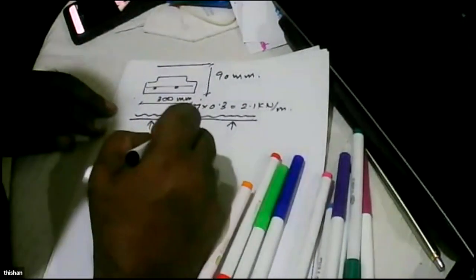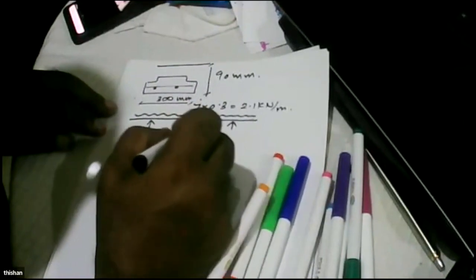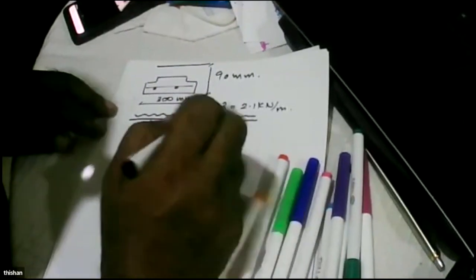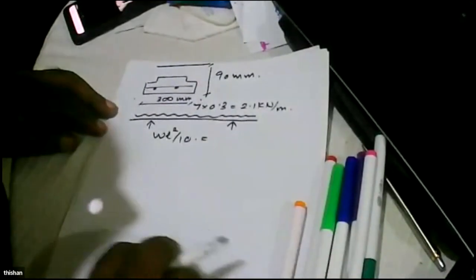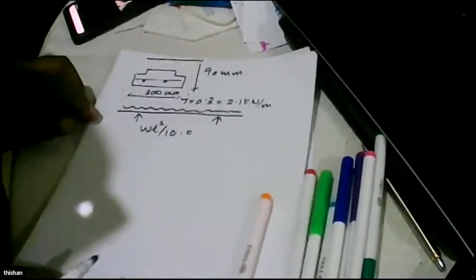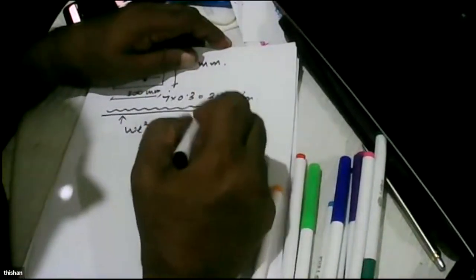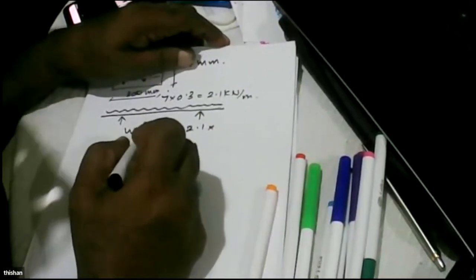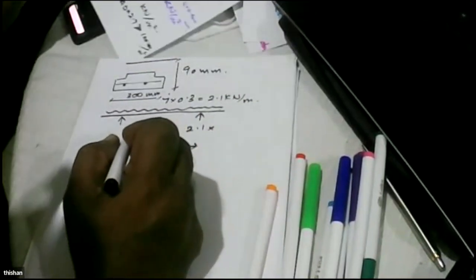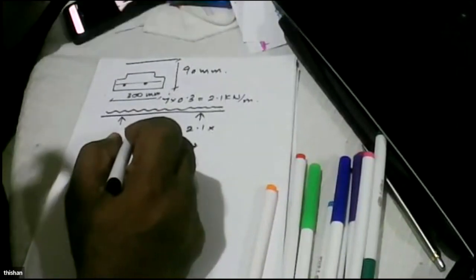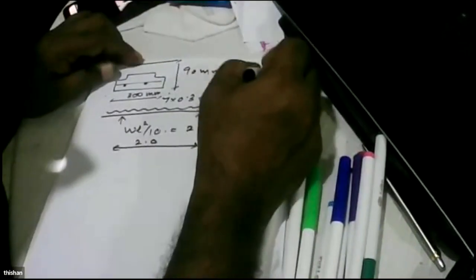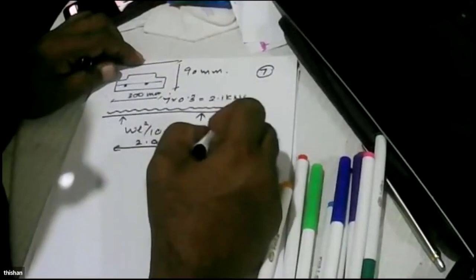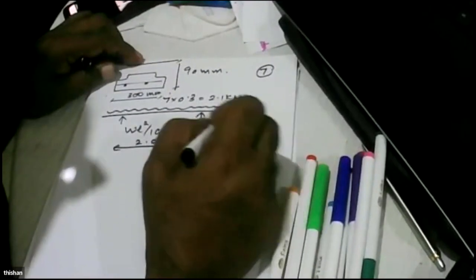So the bending moment here will be WL squared over 10. That is 2.1 into the span, which is 2 meters, squared, divided by 10.